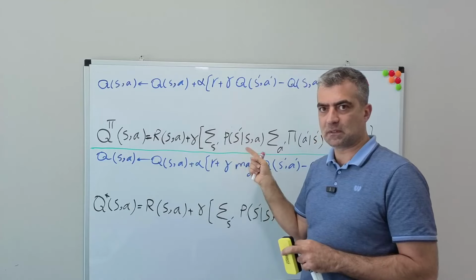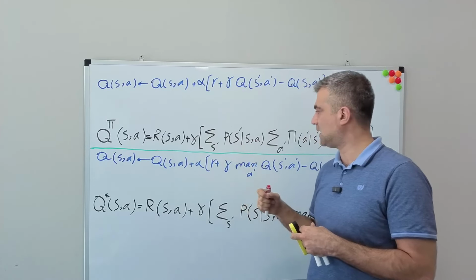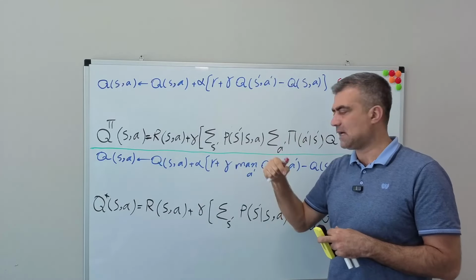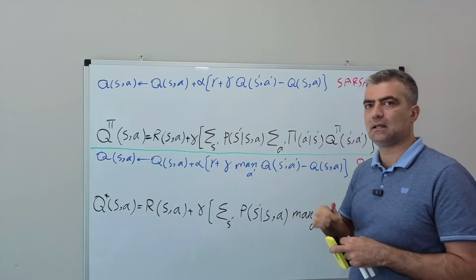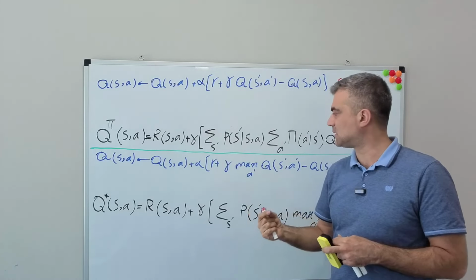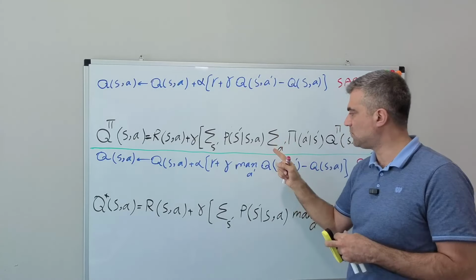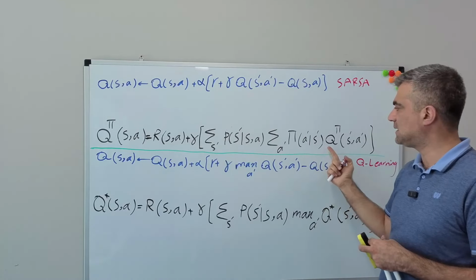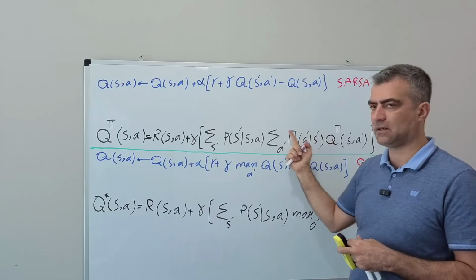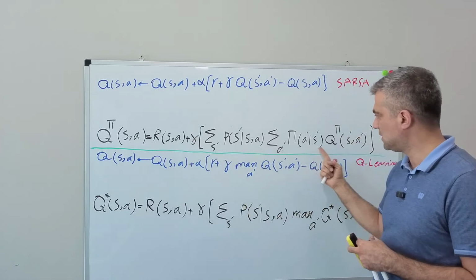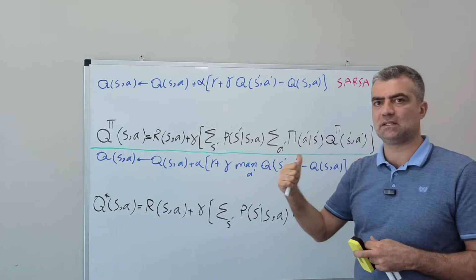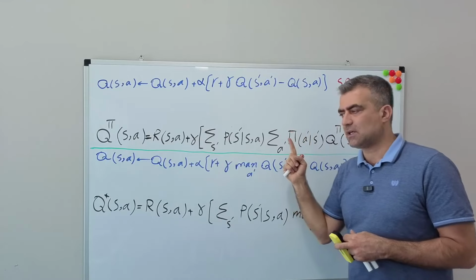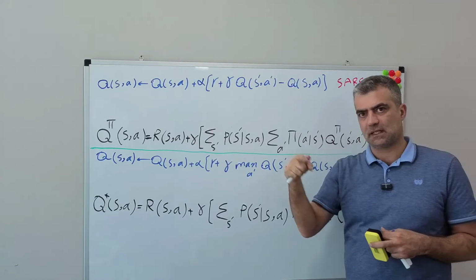So you take each state that may happen by taking action A in state S. You calculate or look up the probability of that state, and then from that state, you iterate over all possible actions. For each action, you consider the probability of that action being taken based on the character of your agent, the child. So the probability of watching TV, the probability of eating, sleeping, or studying, and each of them has a value in your head, has a reward.